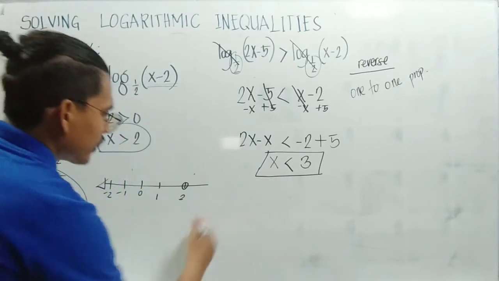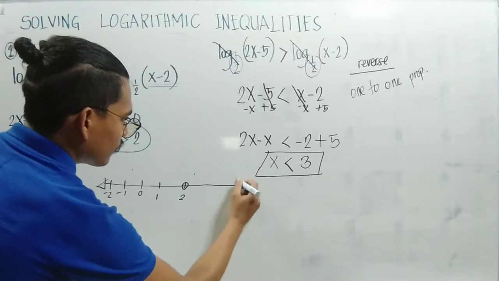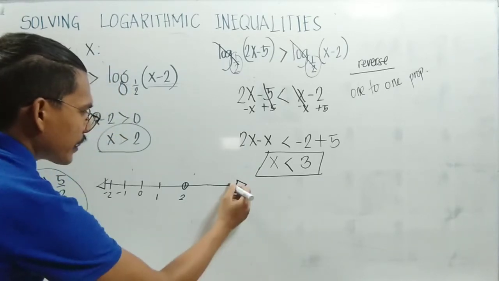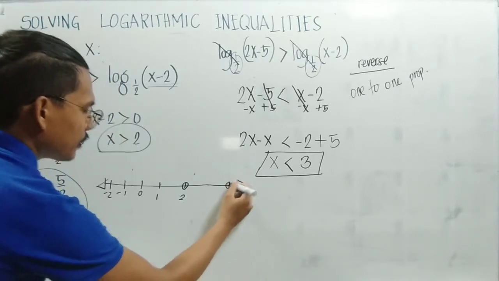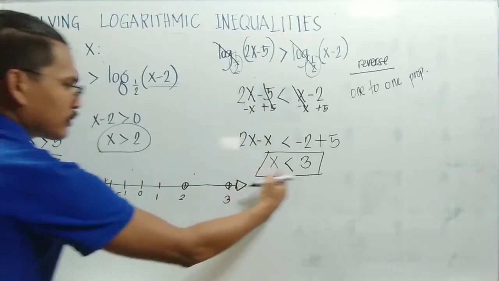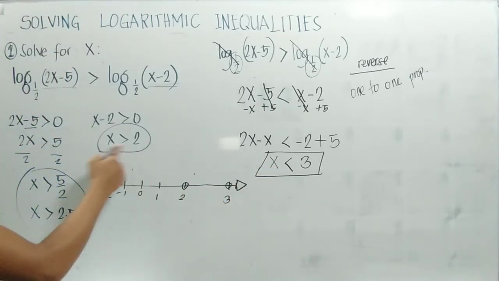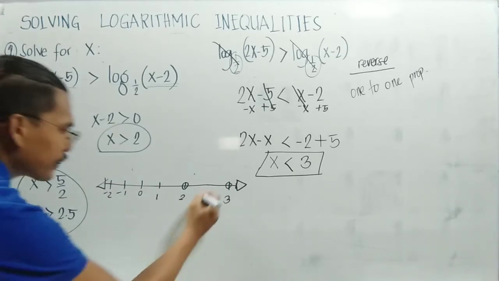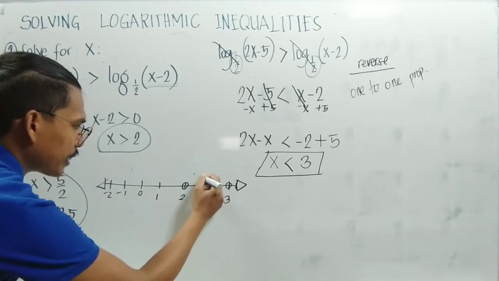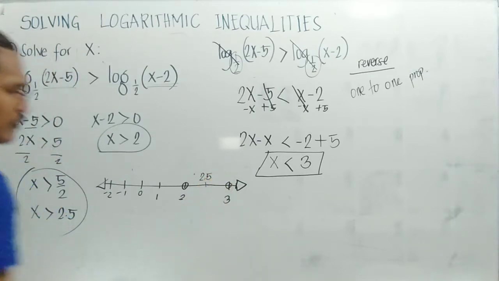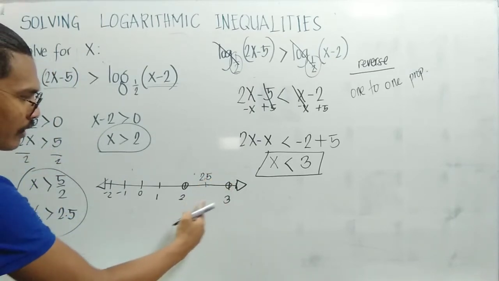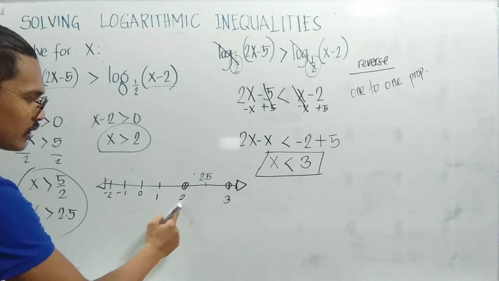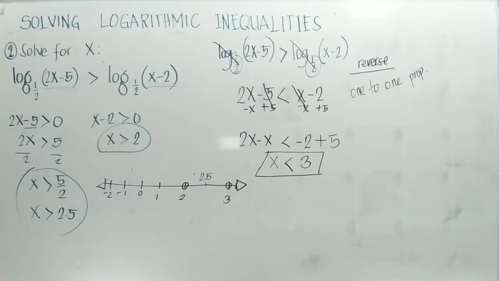Let us expand this to emphasize. Assuming we have 3, x is greater than 2, x is greater than 2.5, so assuming we have 2.5 in here, 2.5 is halfway between 2 and 3, of course.